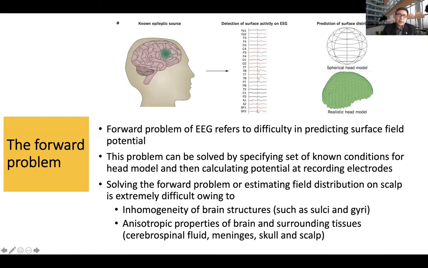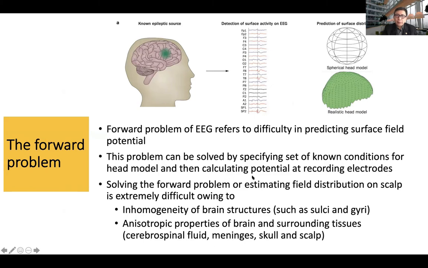When we talk about the forward problem, the forward problem of the EEG refers to the difficulty in predicting the surface field potential. This problem can be solved by specifying sets of known conditions for the head model, and then calculating the potential at the recording electrode.